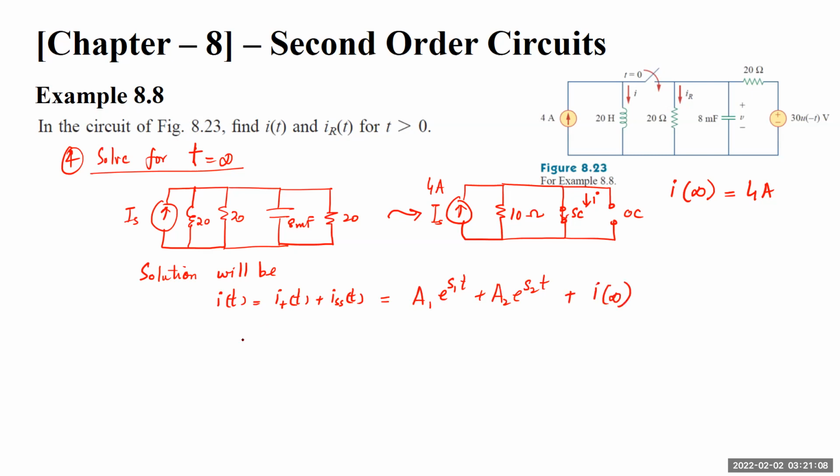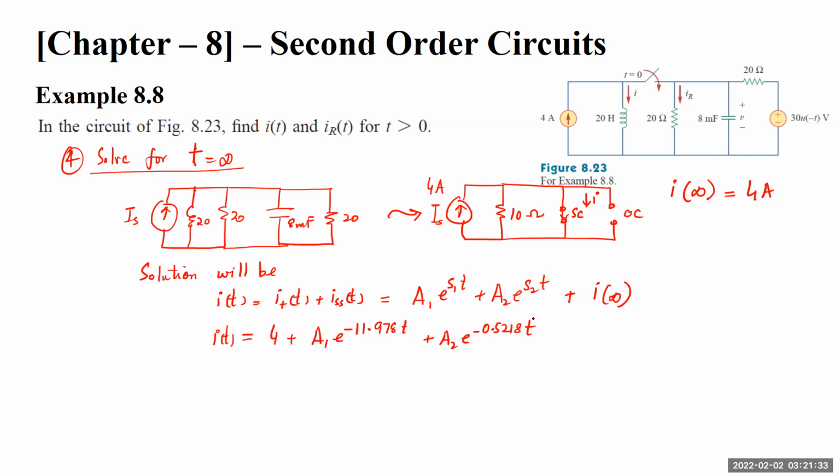Now putting in the values, my i of t will be 4 amperes from this, plus a1 e raised to power minus 11.978t plus a2 e raised to power minus 0.5218t. So this is how my solution will look.